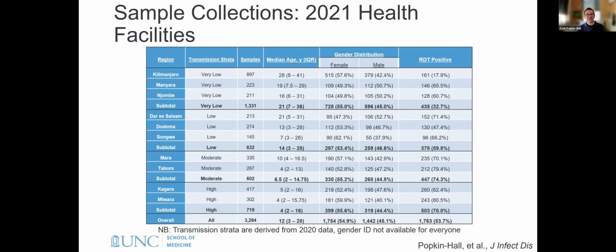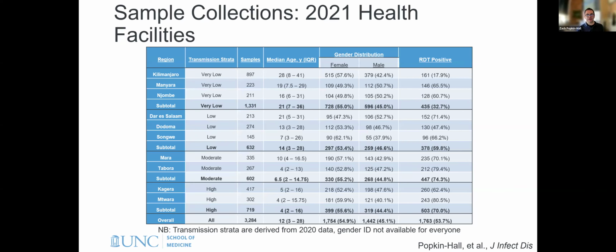If you would like to, it is in the manuscript. But this is just showing you the numbers of the samples that we collected in each region. It also shows the age distribution within each region, the gender distribution, and then the proportion of those samples that were RDT positive, meaning that they were likely to have Plasmodium falciparum.